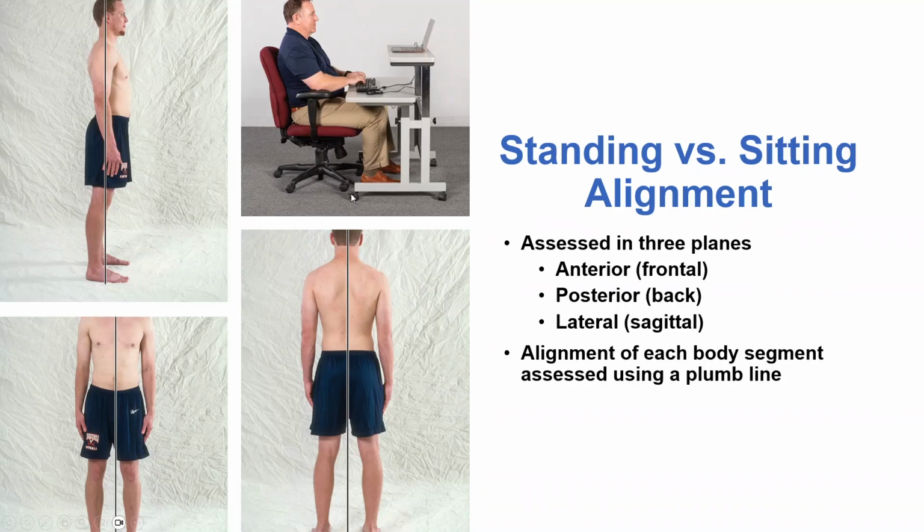Here in this particular diagram, you can see that standing alignment is typically assessed in 3 planes: anterior, posterior, and lateral. So anterior in the bottom left, posterior in the bottom right, and the lateral view or the sagittal is in the top left. And alignment of each body segment can be assessed using a plumb line.